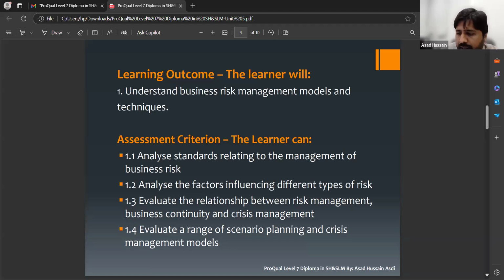So the learner first has to identify, in this assessment criterion, what type of business risk management model or standards are integrated in his organization.